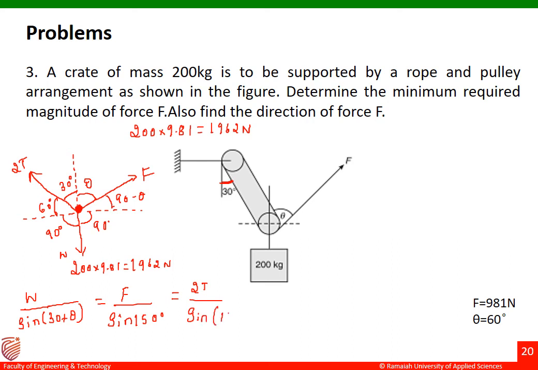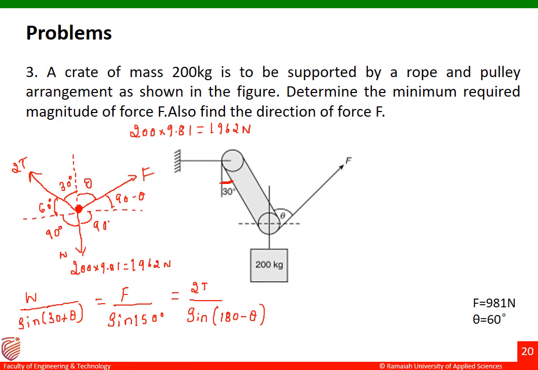It is 90 plus 90 minus theta, so it is 180 minus theta. Now here we have only one known term, that is W. The unknown terms are F, theta, and 2T.